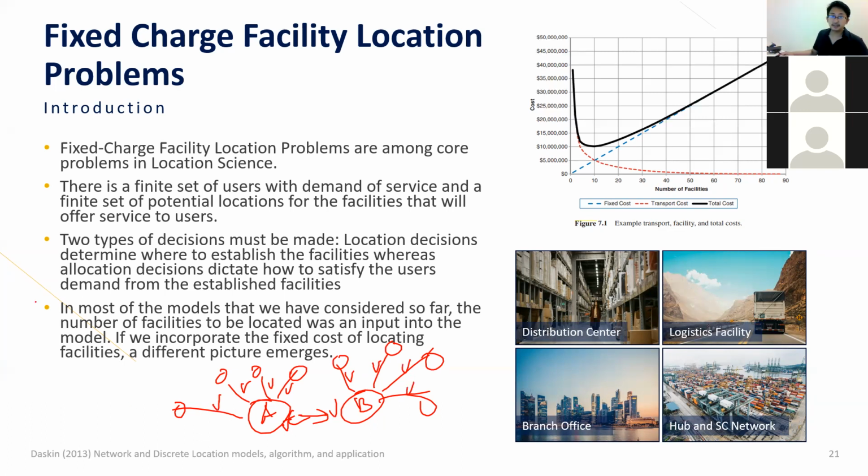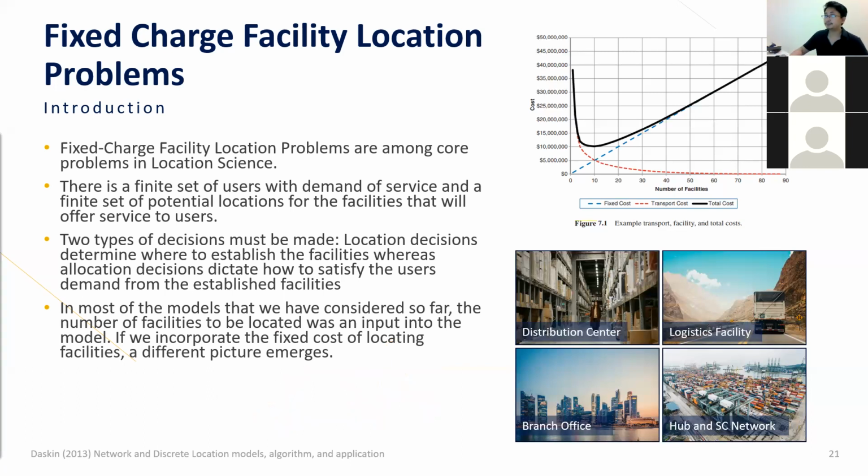Okay. So here in fixed charge facility location problems, we will consider two decisions in which we want to minimize the cost of utilized facilities and also minimize the transportation cost.